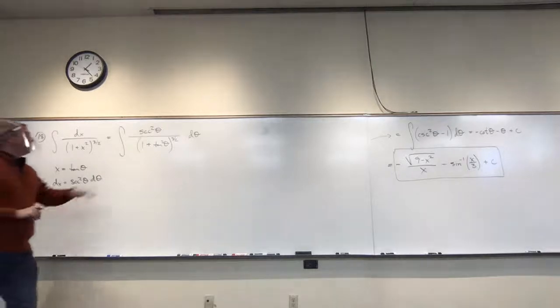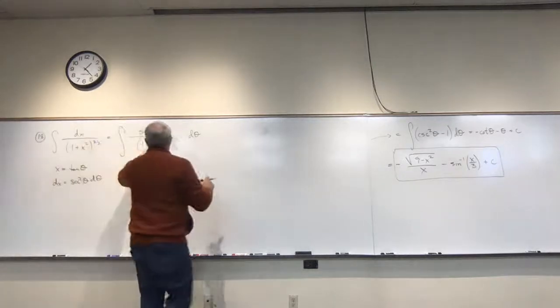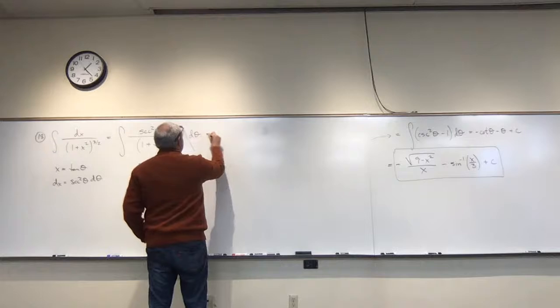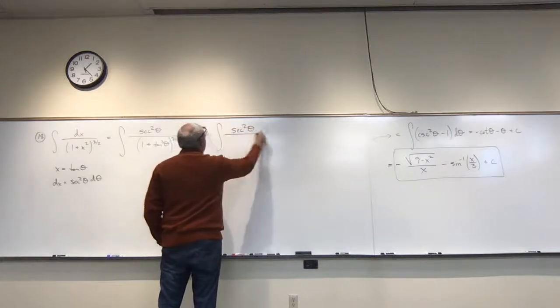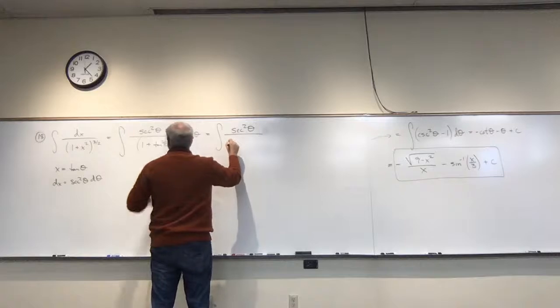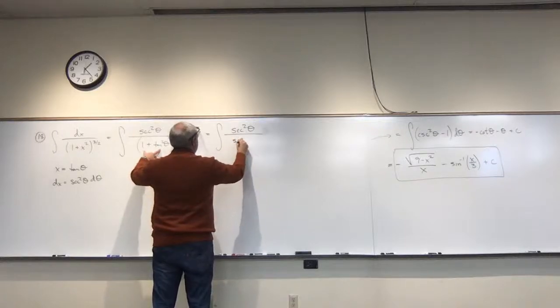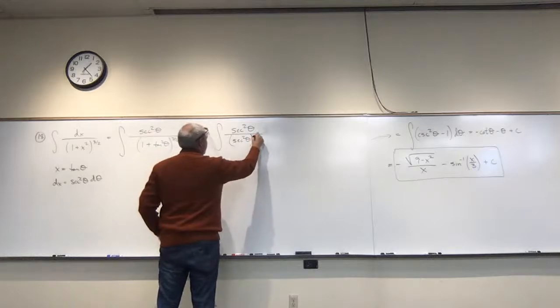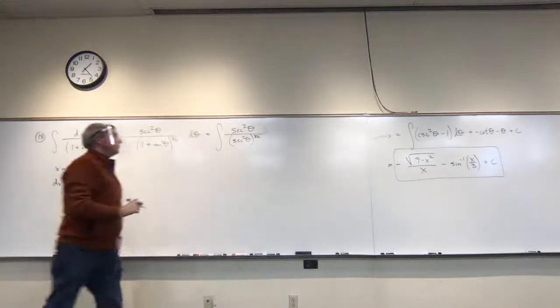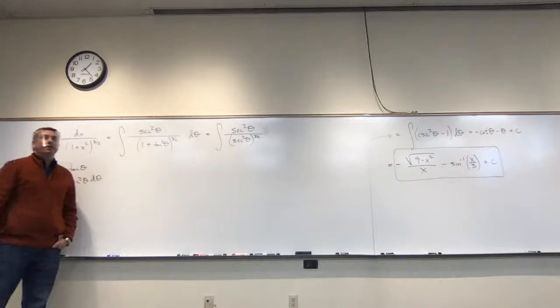Now I can make a substitution for 1 plus tangent squared theta. I get the integral of secant squared theta divided by secant squared theta to the 3 over 2. That's it.